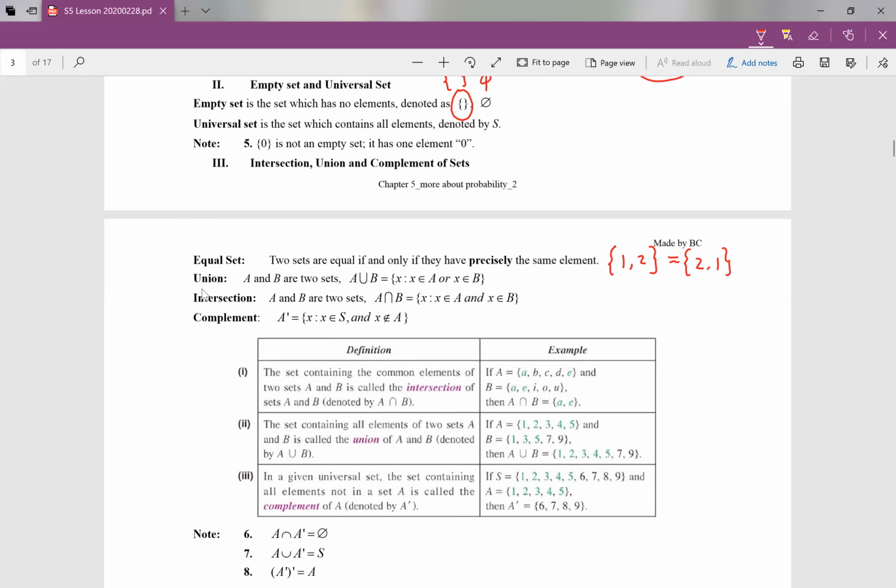Then, what is the union? Union is the result when you put two sets together. What do I mean? Look at this definition, it's easier to understand.